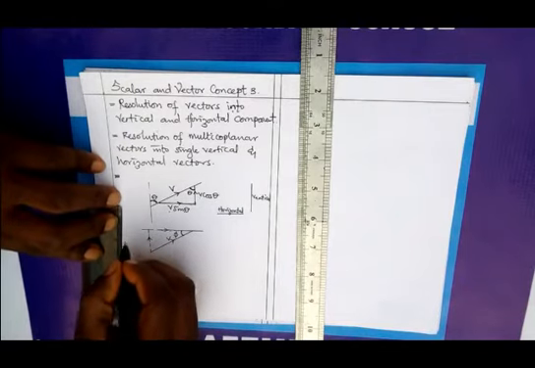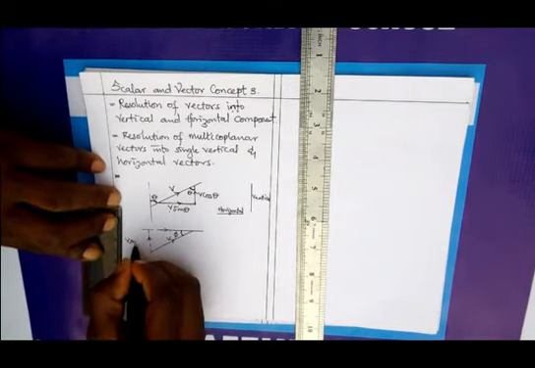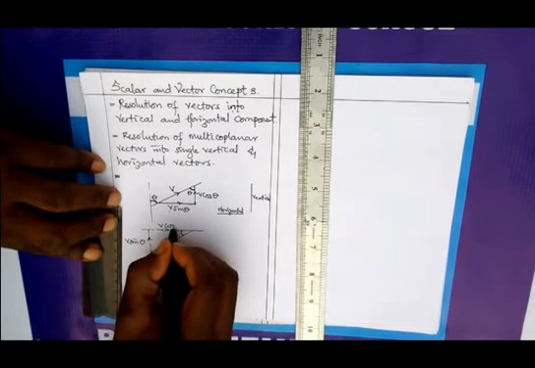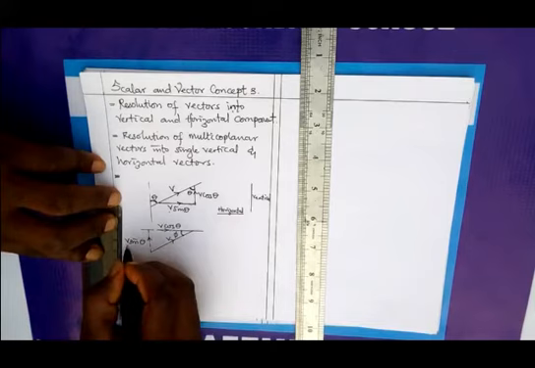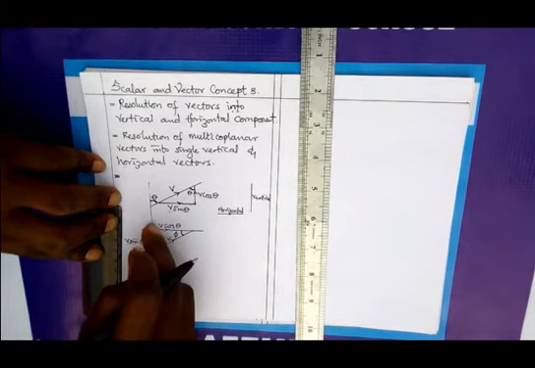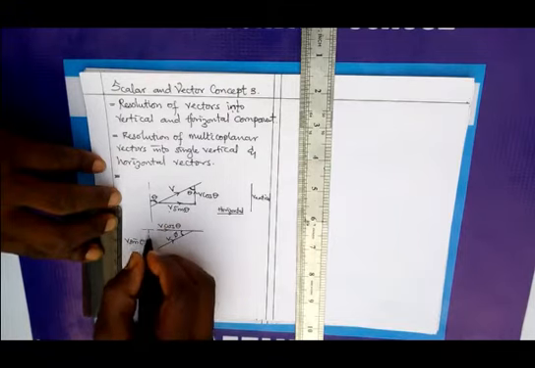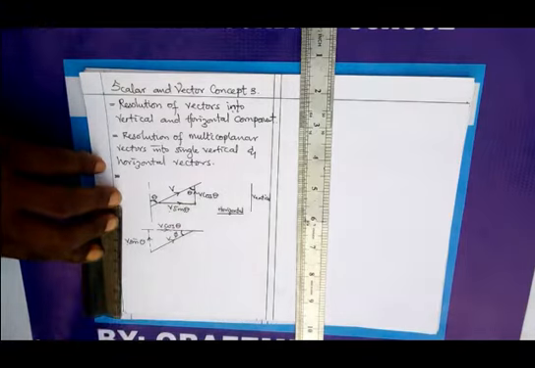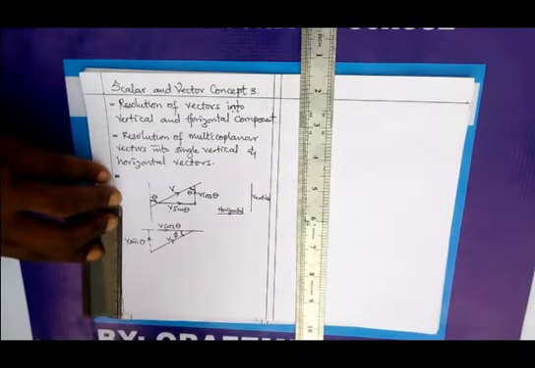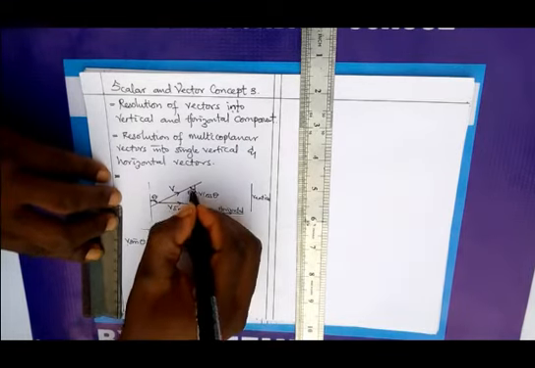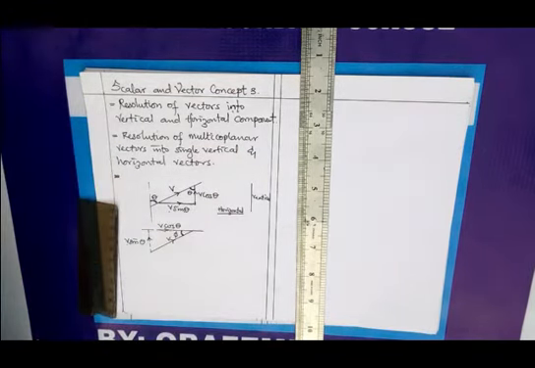The side that is facing it will be called v sine theta, while the other one will be called v cos theta. Don't forget, the side that is facing the given angle will be called v sine theta, while the other one will be called v cos theta. So in this case vertical is v sine theta, in the other case vertical is v cos theta. What determines whether it is cos theta or sine theta is which angle is given. Is it the horizontal angle or the vertical angle? Please don't forget.